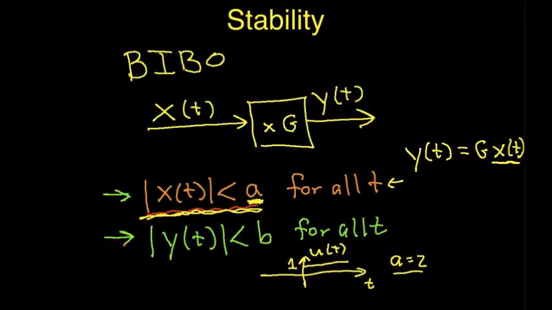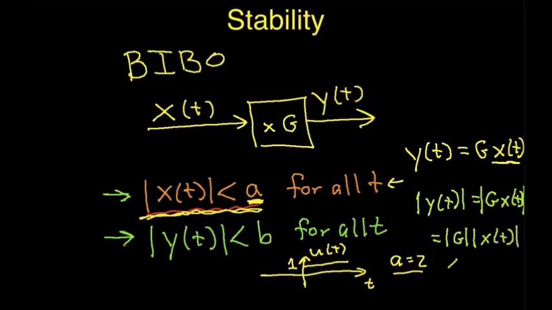Now if I look at the output, the absolute value of y of t is the absolute value of the gain times x of t, and this is the absolute value of the gain times the absolute value of x of t, and this is less than the absolute value of the gain times a, because again we're assuming that x of t satisfies this inequality.